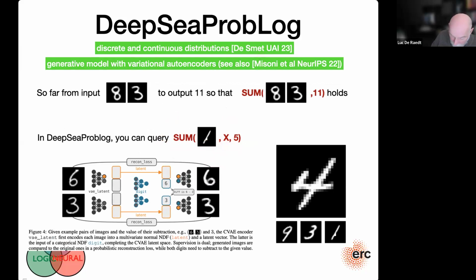So you should get 4s here. And there is even, in this system from Mizoni and others, the ability to take into account the way that things are written. So whether it's written in this style or in that style, you can make the style, so to say, consistent.